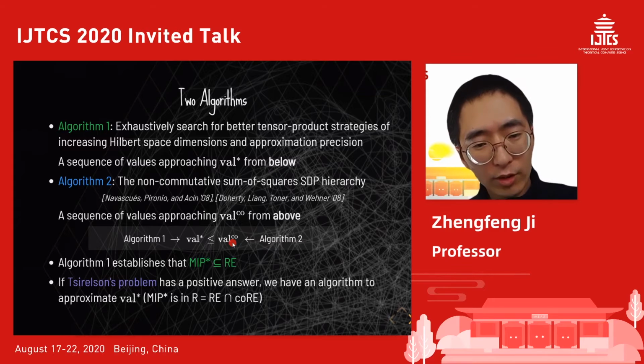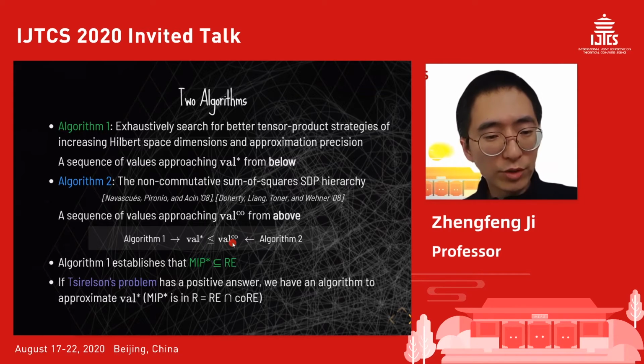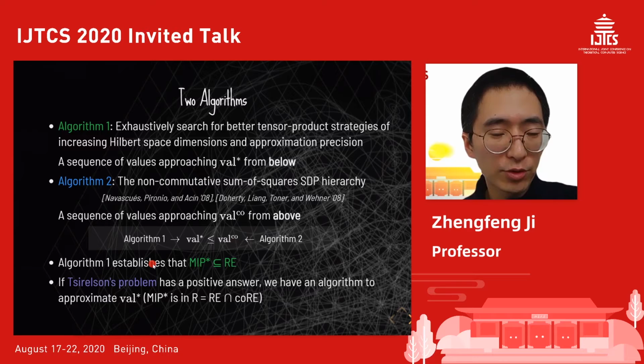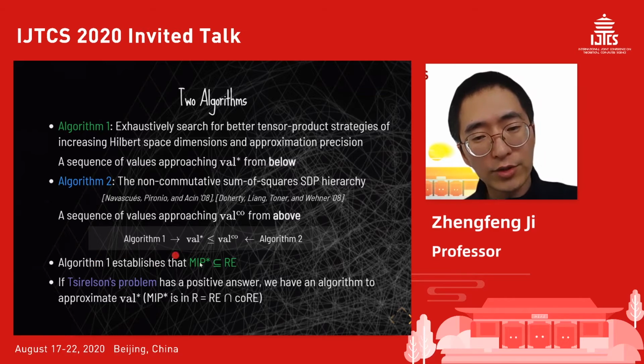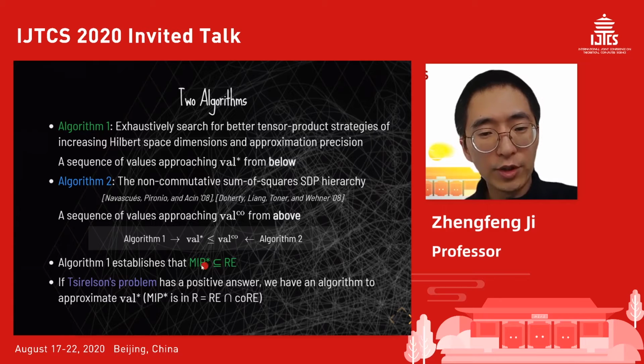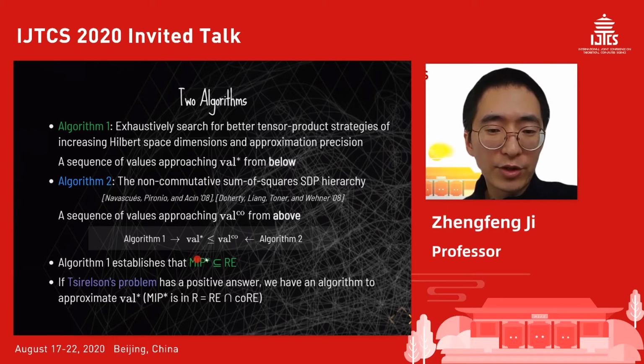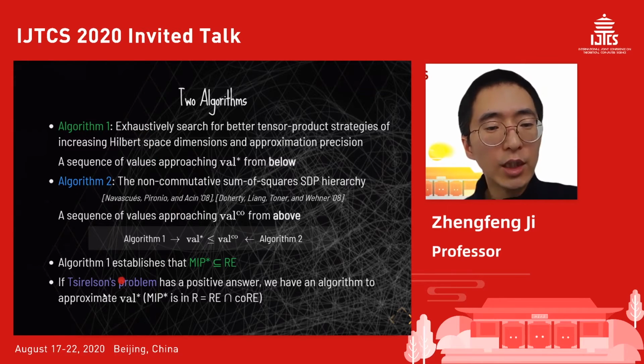These two algorithms actually give us interesting consequences on the complexity of MIP star. The first algorithm tells us that MIP star is in RE because if the value is high, then essentially there will be a Turing machine that uses this strategy to detect that.